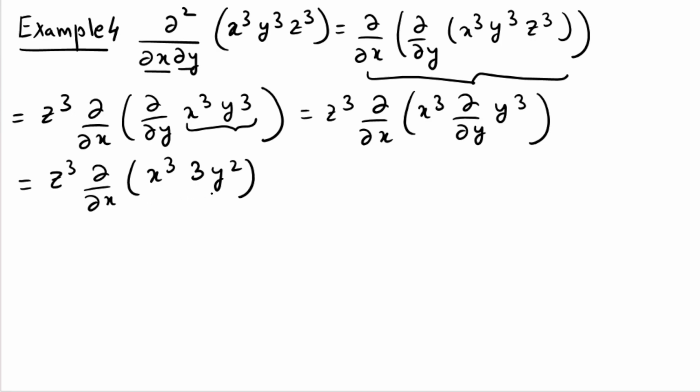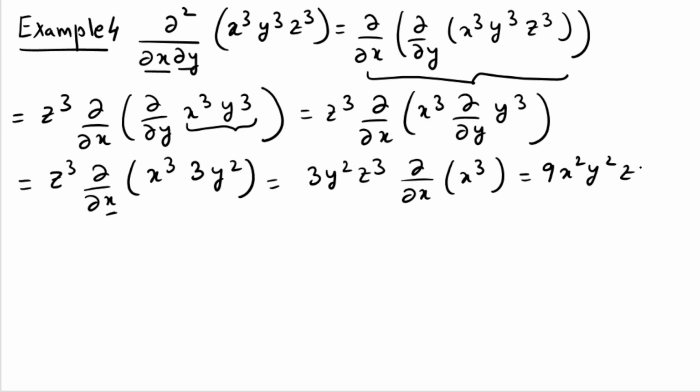Now notice 3y² is to be treated as a constant because now the derivative is being taken with respect to x. So therefore 3y²z³ ∂/∂x of x³. This gives me 9x²y²z³.